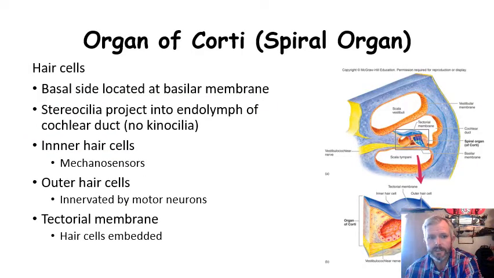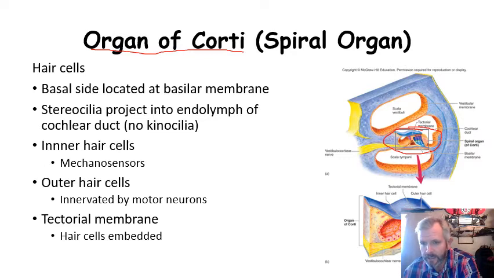So here is more of a blow up of the organ of Corti, the spiral organ. This is where the hair cells are going to be housed. There's that scala vestibuli, scala tympani, and the cochlear duct is here.